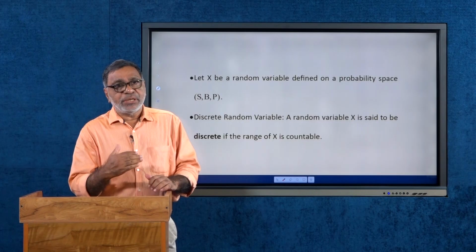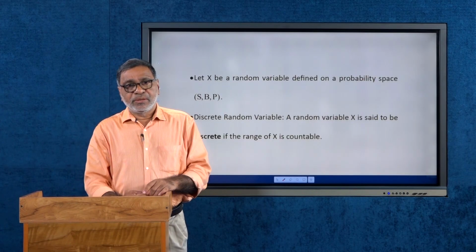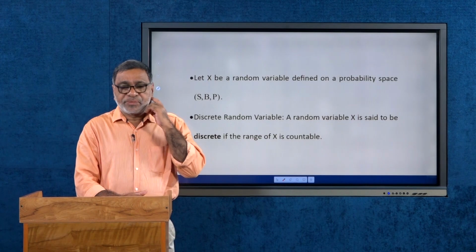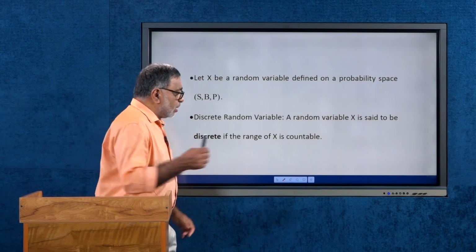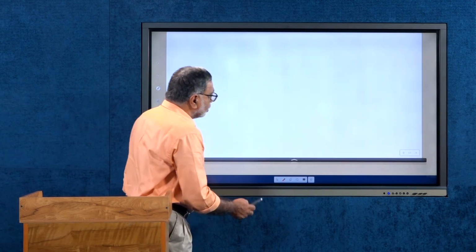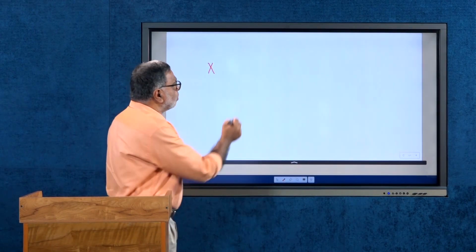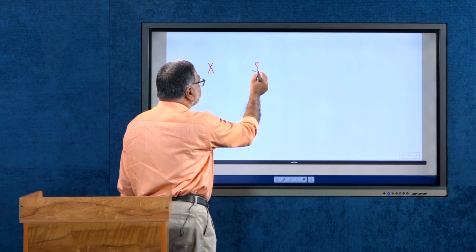What do you mean by a discrete random variable? A random variable x is said to be discrete if the range of x is countable. That means, suppose x is a random variable that is defined over the sample space.